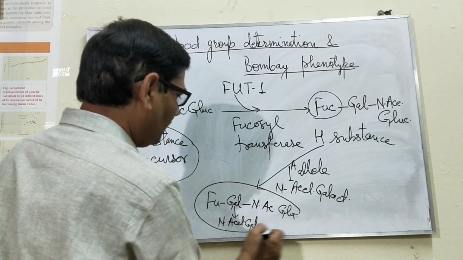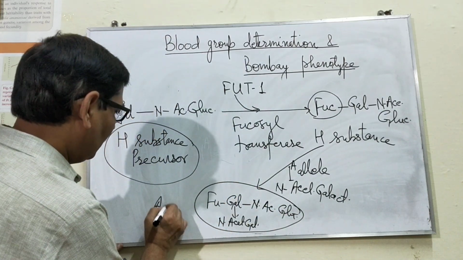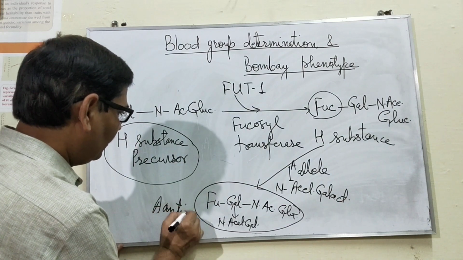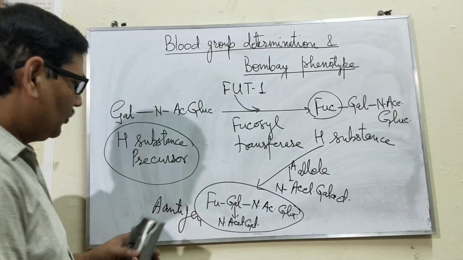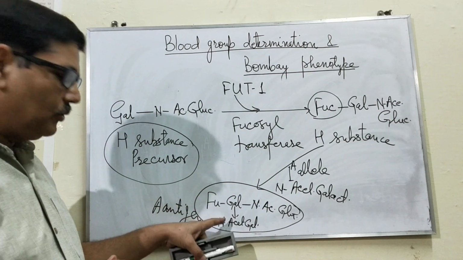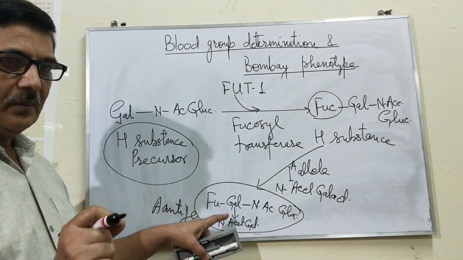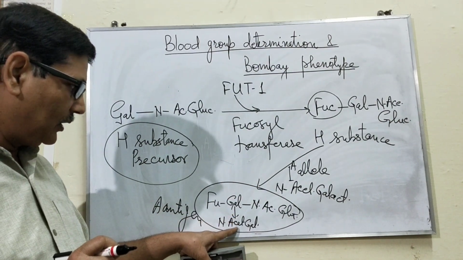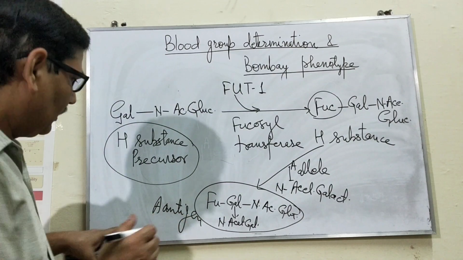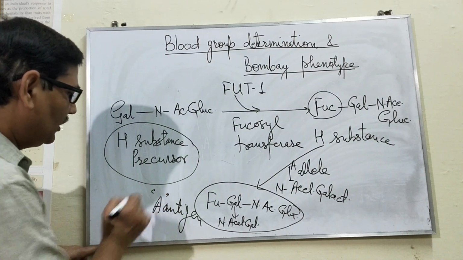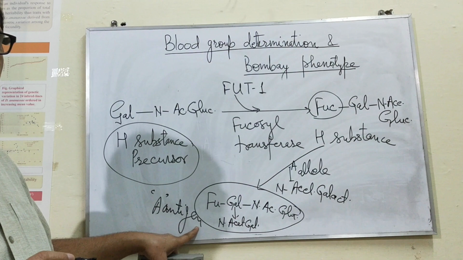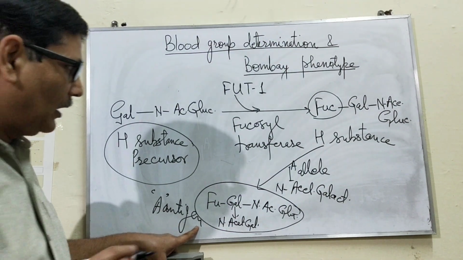Now this will form the A antigen. So if this unit is added with the membrane of RBC, then one can say that A antigen is present in the blood and the individual's blood group will be A.